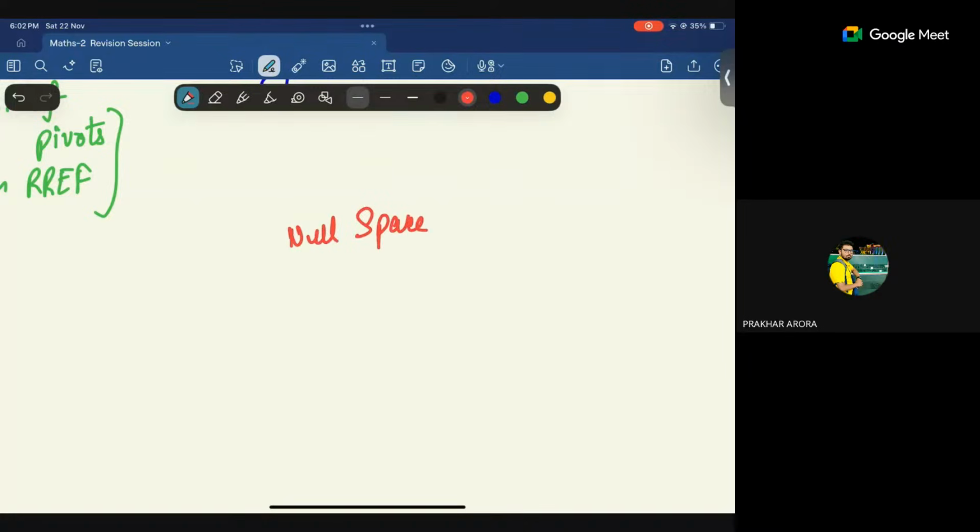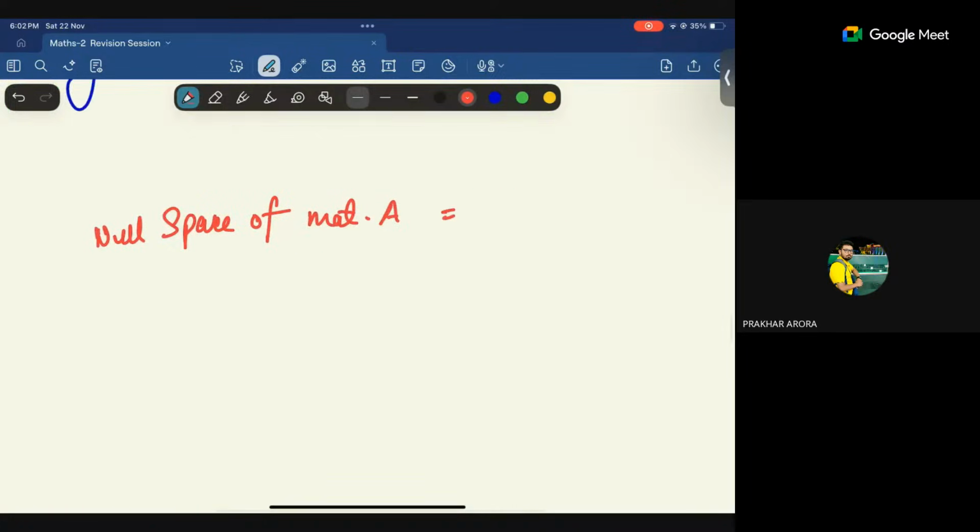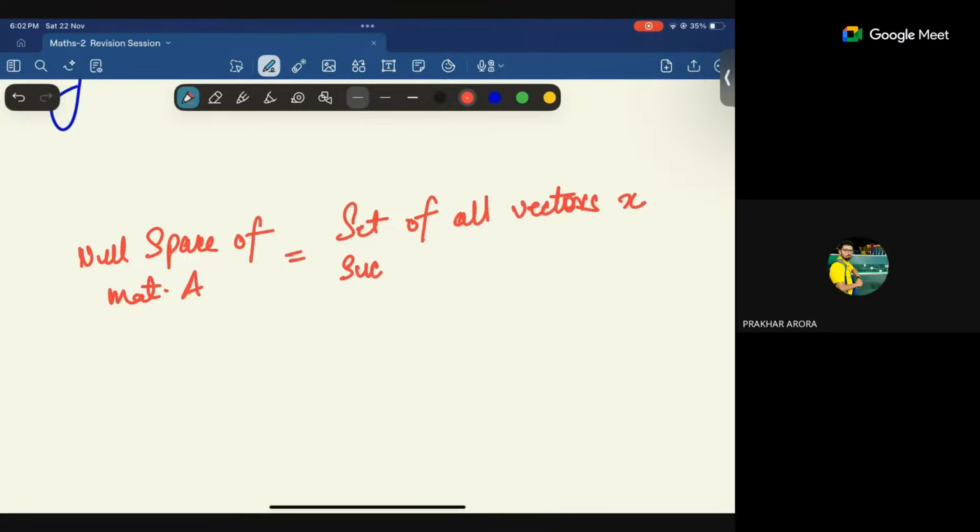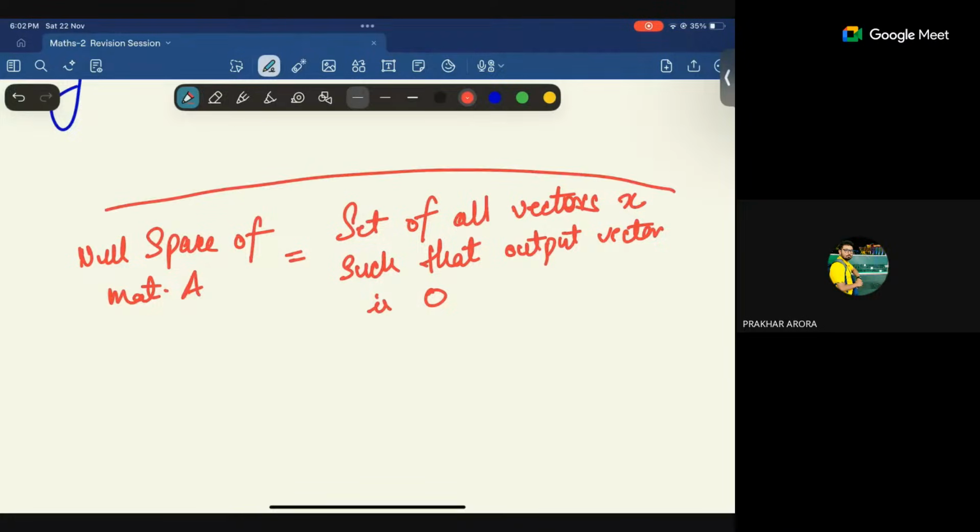The null space of matrix A is equal to the set of all vectors x such that the output vector is 0. Okay, this is null space.